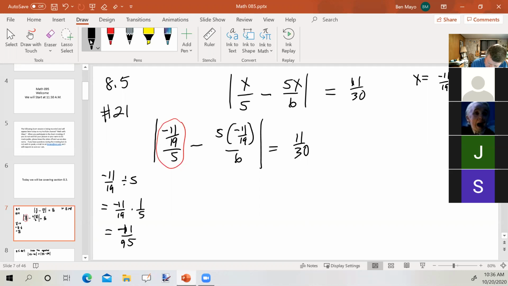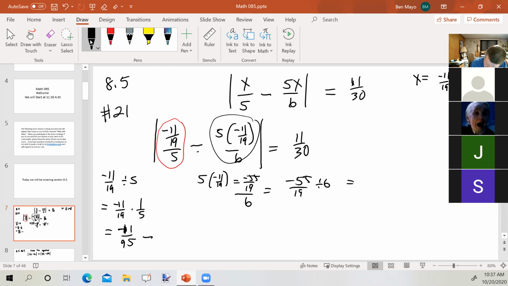Okay, and then let's take a look at this piece. I've got negative 11/95, and then minus 5 times negative 11/19, which would be negative 55/19, but that's all divided by 6. So that's negative 55/19 divided by 6, which is negative 55/19 times 1 over 6.